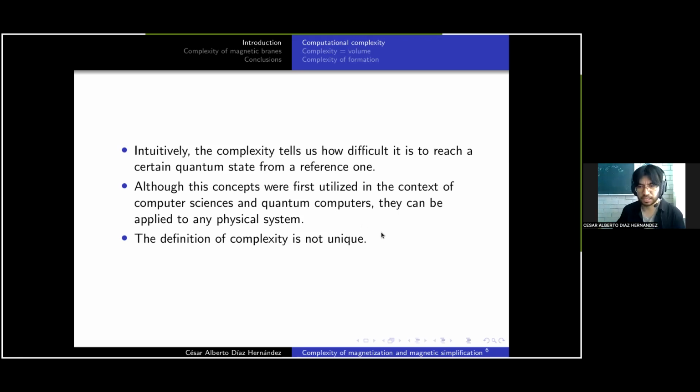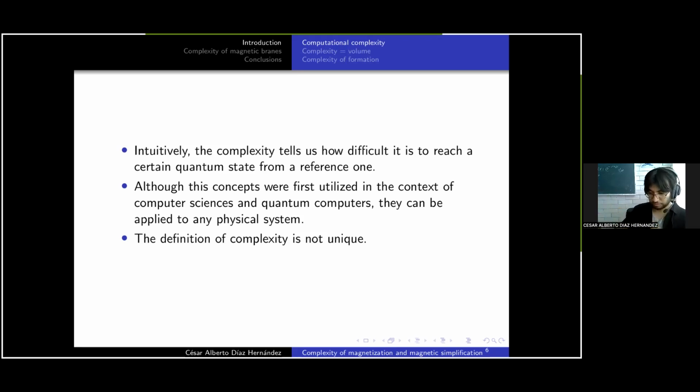All these ideas give us an intuition of how hard it is to make these operations, but of course, all of these ideas are equally valid to define a complexity. So the definition of complexity is not unique. You could also think about the example from before: you're in your laboratory, you have a certain set of transformations you can apply to your quantum state, but you can go to another laboratory and they may have other equipment and another set of quantum gates, right?